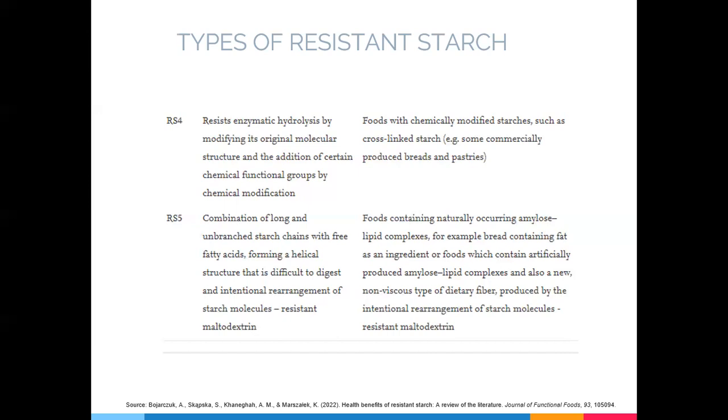So after that process, pwede na dayon siya produce kanang mga lipid molecules diha mag-rearrange, mag-associate with starch in such a way that they would form this novel type of resistant starch, which is RS5.